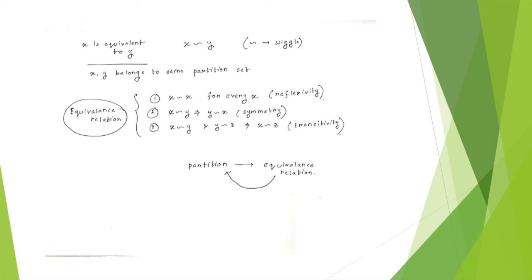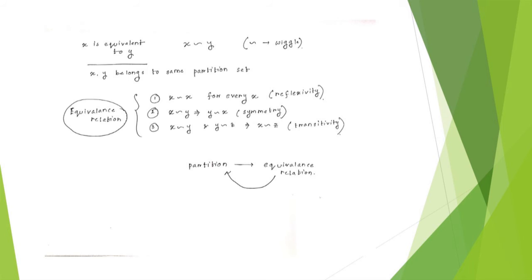Now it is obvious that this relation has the following properties. Number one, x wiggle x for every x is evident. This property we call reflexivity: an element x is self-connected.